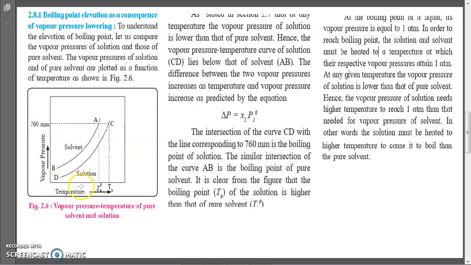The graph of A and B is for the solvent, and the graph of C and D is for the solution. The vapor pressures of the solution and pure solvent are plotted as a function of temperature.